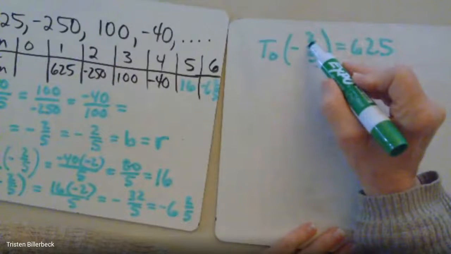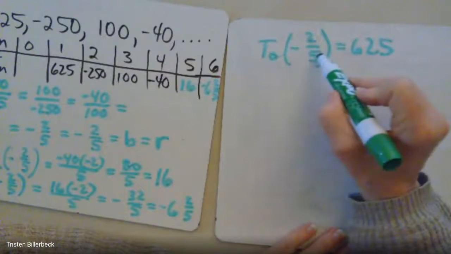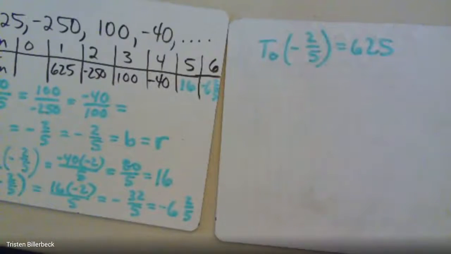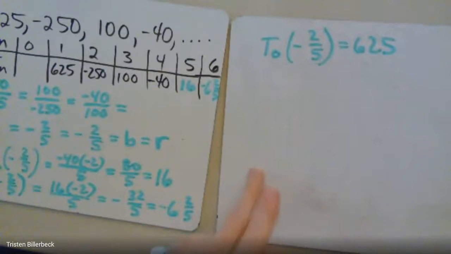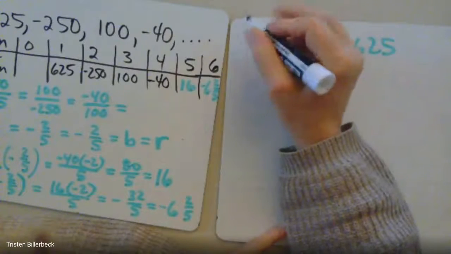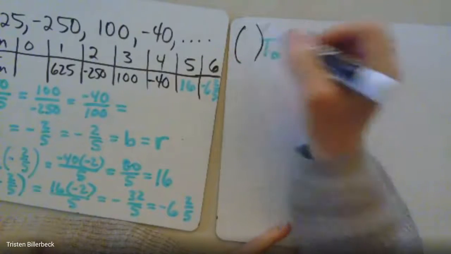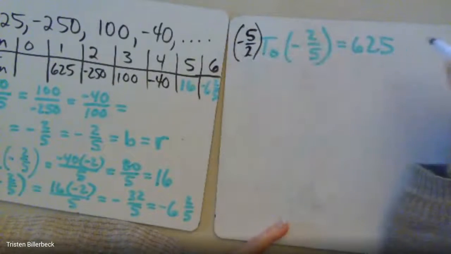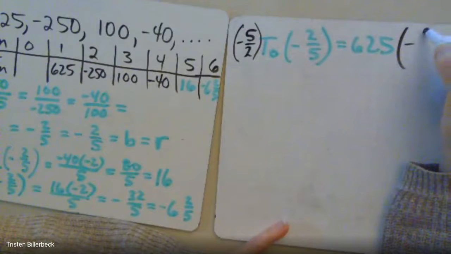So in order to get rid of this, it's multiplying here, so we'd want to multiply by the reciprocal on both sides. So let's do that. Remember, if we do it on one side, we have to do it on the other side. So we're going to do a reciprocal here and here.